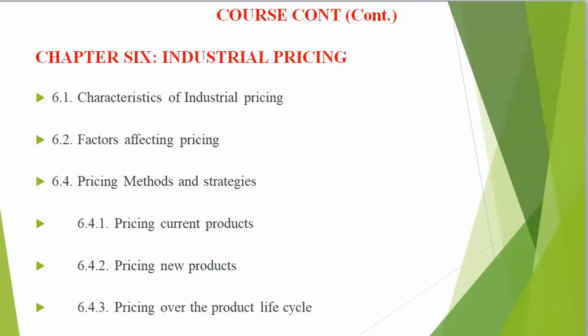When we set a price for a new product, we have to consider the customer's ability to pay for that product, the customer's demand. If the demand for this product is high, you can set a higher price. If the product's demand is medium, you can set a relatively lower price.